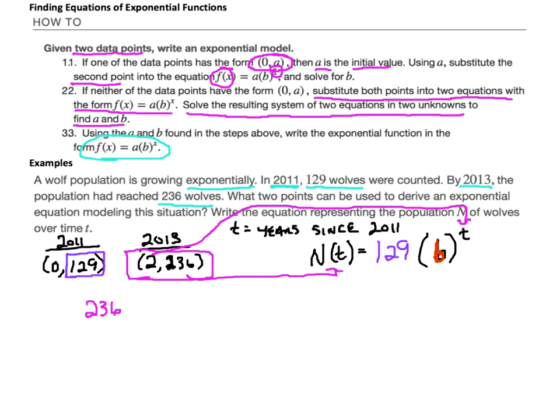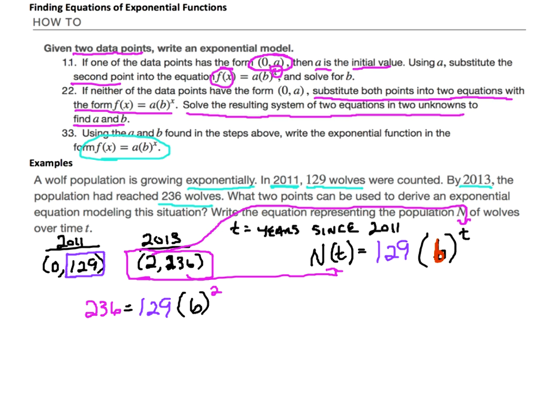All right, so I have 236 is equal to 129 times b raised to the second power, so squared. And now I just need to solve for b.